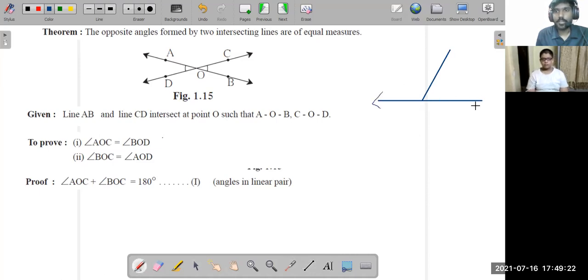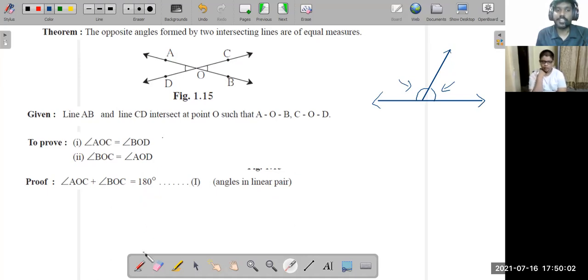Angles that are formed on a straight line, like this and this. These two angles are called angles in a linear pair. They measure 180 degrees. Now, if you look carefully at this portion, angle AOC and angle COB form a linear pair. So angle AOC plus angle BOC will be 180 degrees, and the reason is angles in a linear pair. Have you understood this first step?